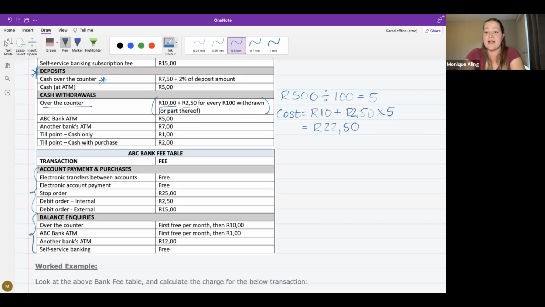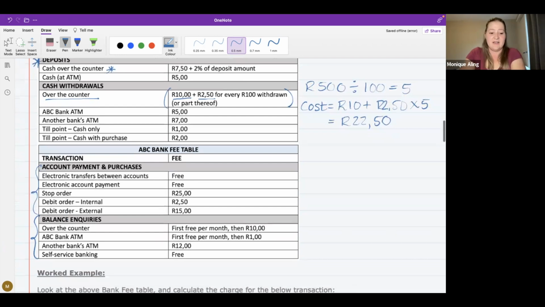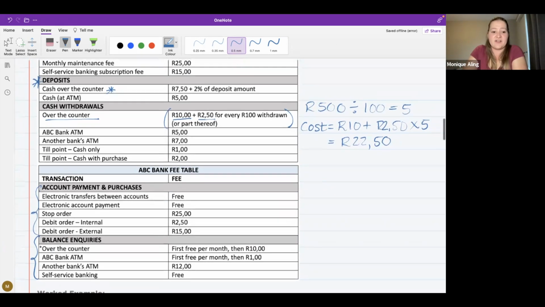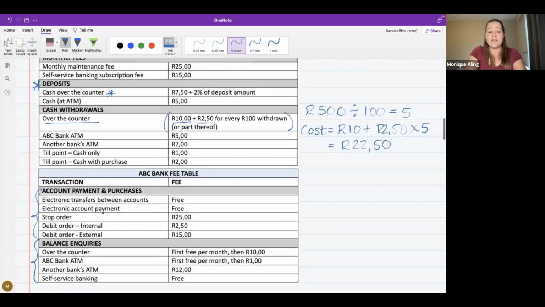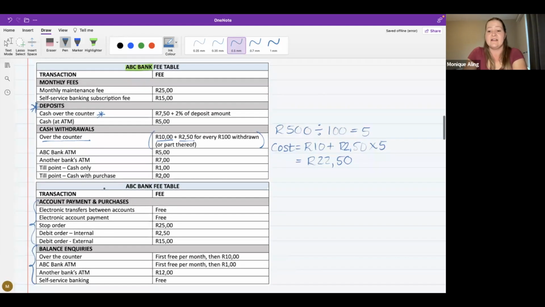So if you want to ask how much money is still in your account, if you go to the counter, you get the first one free. And then after that, they charge you 10 Rand just to ask what's in your account. But luckily these days, everything is on an app, so you are able to check that without having to go into the bank. And yeah, this is just an example, but it's all the fees in one. Sometimes it's not as overwhelming. So we'll see later on another way that they can show you bank charges.